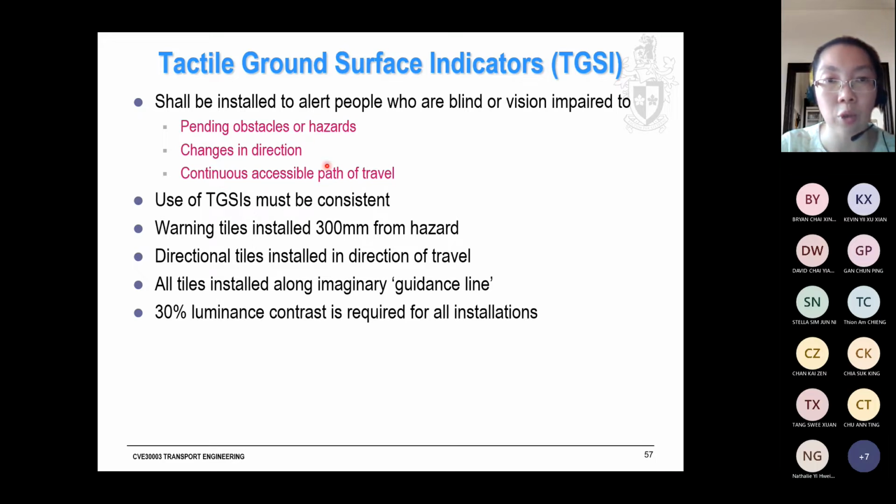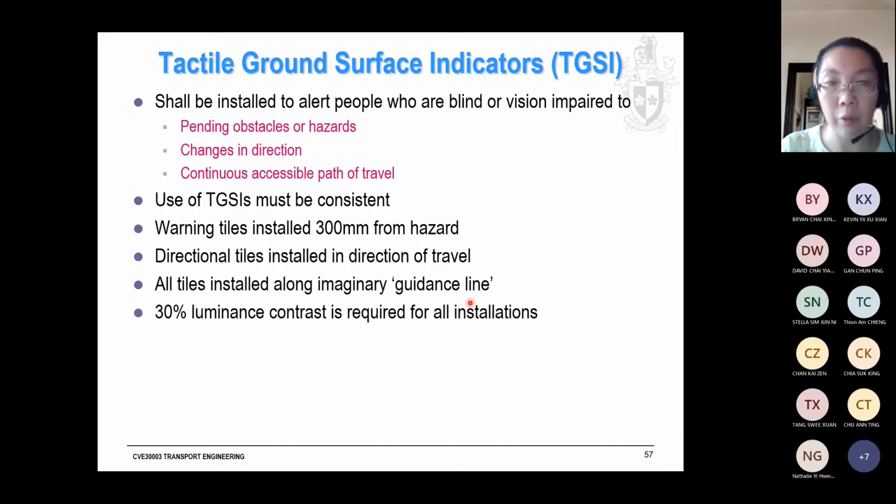So it serves three different purposes. The use of TGSI must be consistent. Warning tiles are installed at least 300 mm away from the hazard. Directional tiles are installed in the direction of travel, and all tiles installed along an imaginary guidance line.